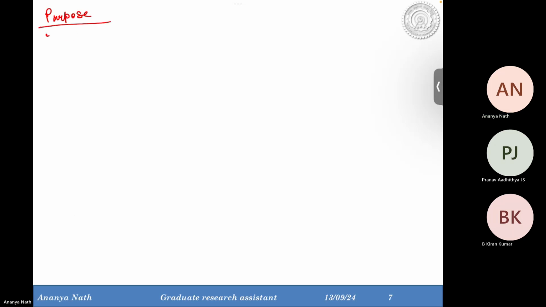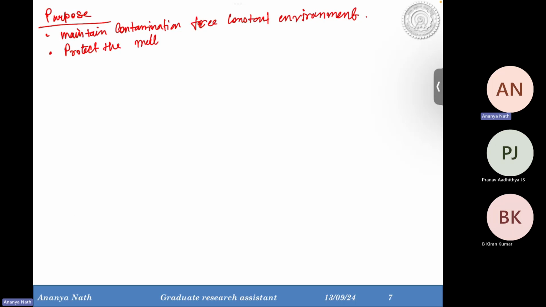One purpose is to maintain a contamination free, constant environment, to protect the melt pool from contaminant or other ion and material or gas entrapment.